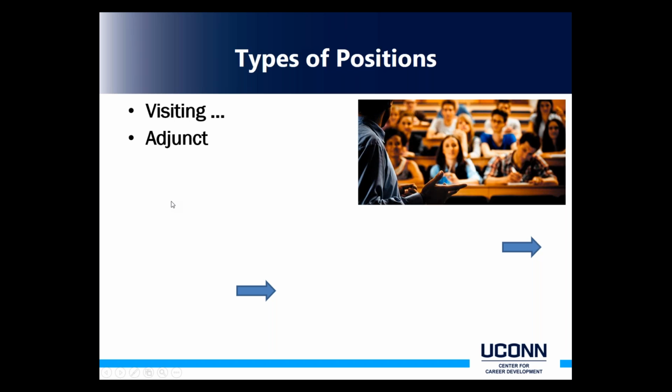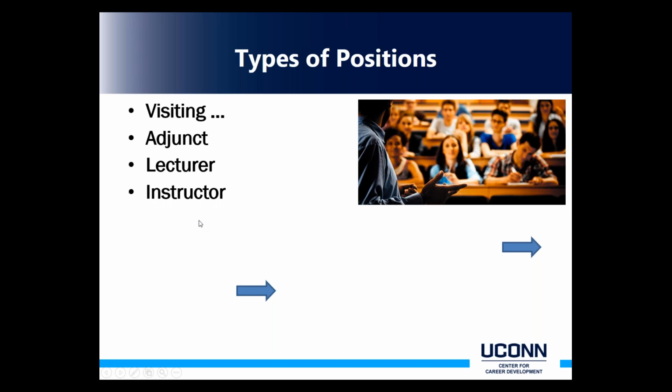Adjunct positions are part-time. Usually these are without any benefits of being part of faculty. And at some institutions, adjunct faculty have leveraged some faculty rights, but it still is not the norm. A lecturer position might have full-time status. It could be someone that is ABD, all but dissertation, or perhaps the position only requires a master's degree.